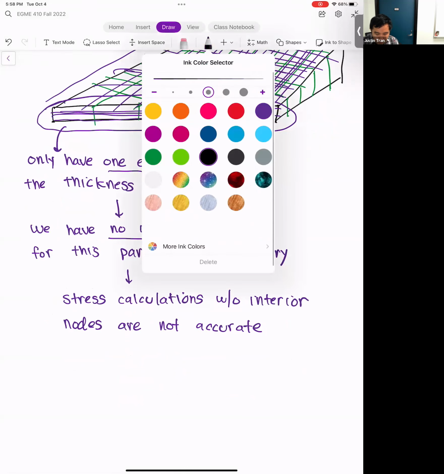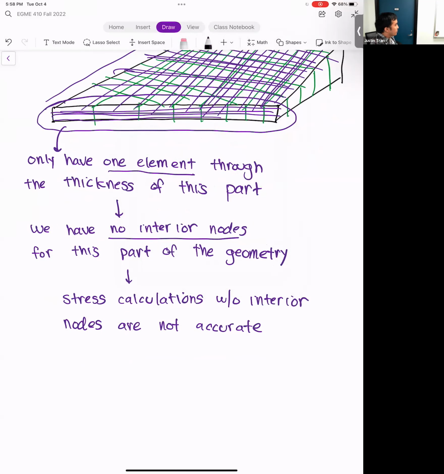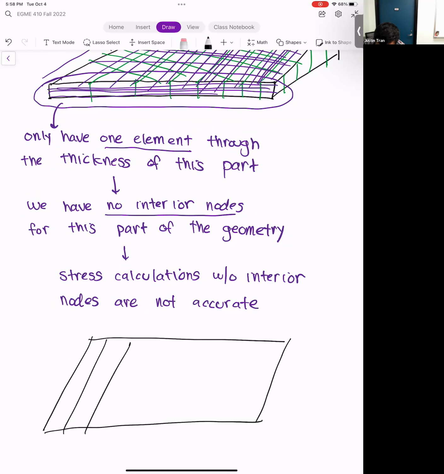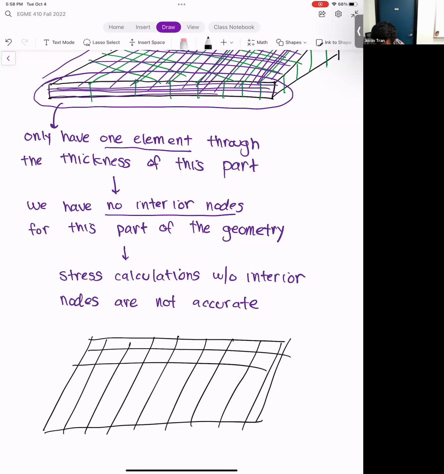And so what makes shells and beams so much better? In theory, instead of a three-dimensional thin solid here, you would replace it with a 2D sheet. And so this would be this exact same geometry, but with shells.